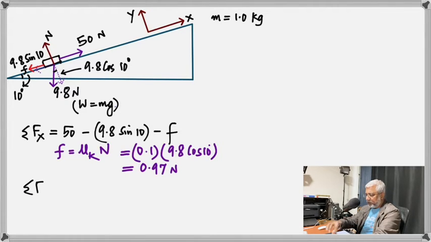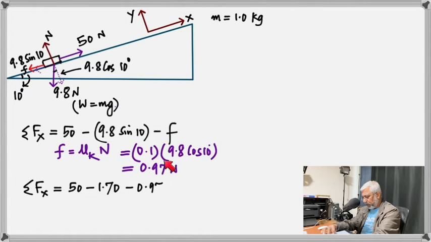And therefore we can go back and substitute everything into this equation now. And you will get 50 minus, so I just found 9.8 sine 10 to be 1.70, and friction is 0.97.